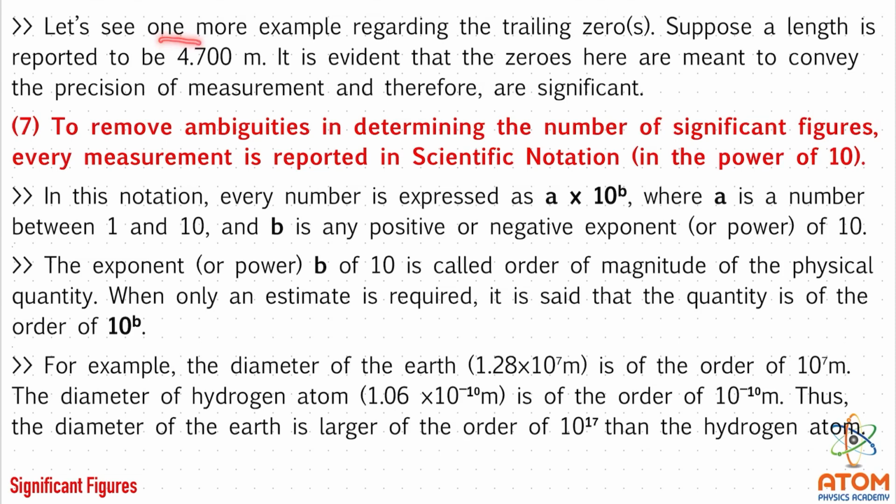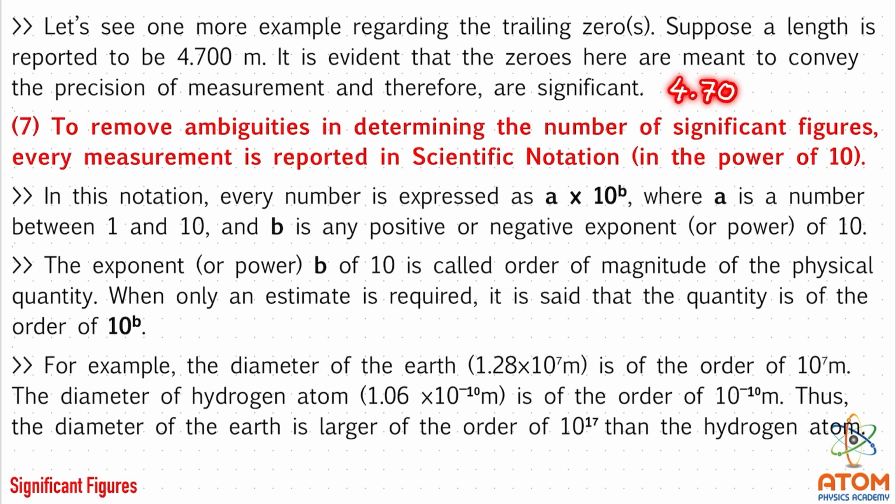Let us see one more example regarding the trailing zeros. Suppose a length is reported to be 4.700 meter. It is evident that the zeros here are meant to convey the precision of measurement and therefore they are significant. As I said previously, if you are writing these two zeros, that means you have measured it with some instrument. If the instrument did not have enough precision, then you might have just written it as 4.7 or as 4.70.